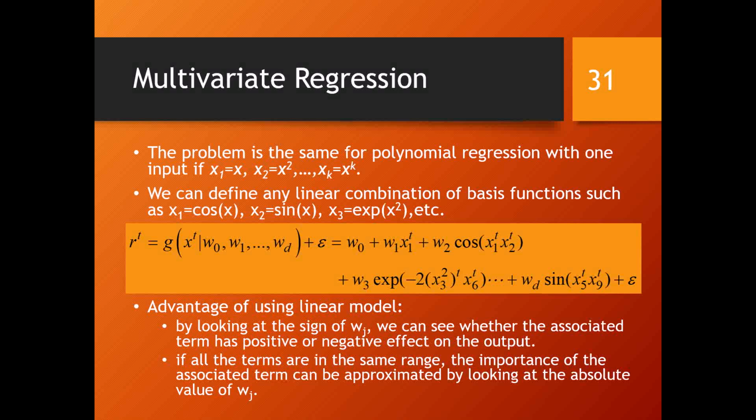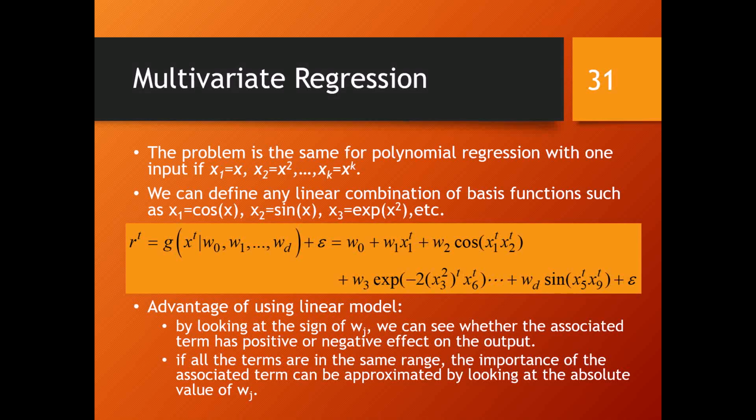Those are basis functions. This one, this one, this one, this one. Those basis functions are not linear, but they are arranged in a linear combination form. What is linear combination form? We have W0 plus W1 times this basis function plus W2 times this nonlinear basis function plus W3 times this nonlinear basis function, something like this.